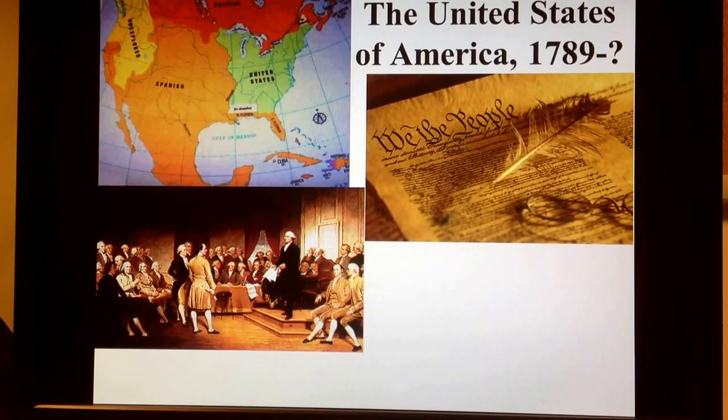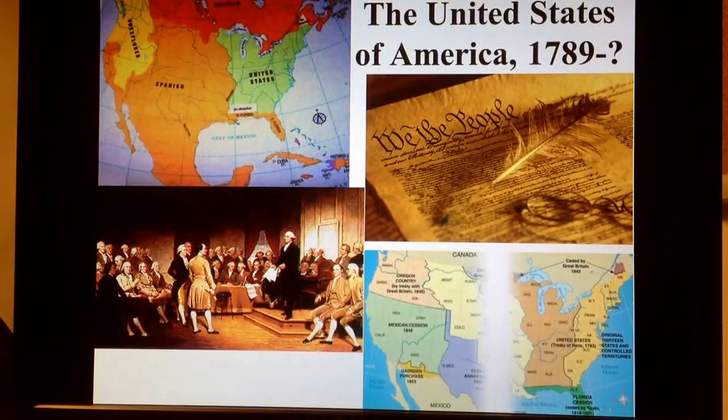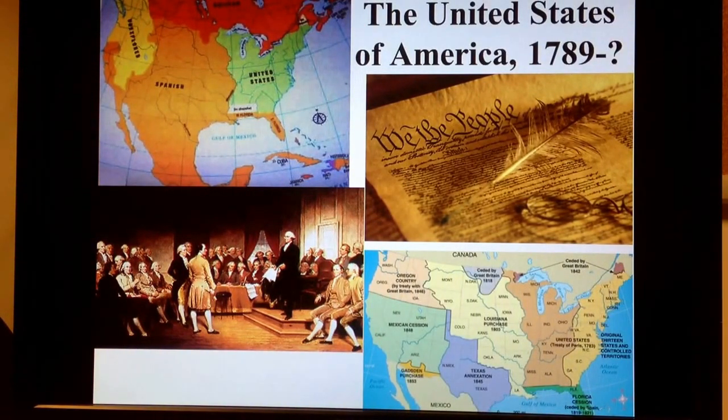So this is where the country begins. Now the question mark is there because countries come and go, and some of them last a really long time, and right now the U.S. is still here.